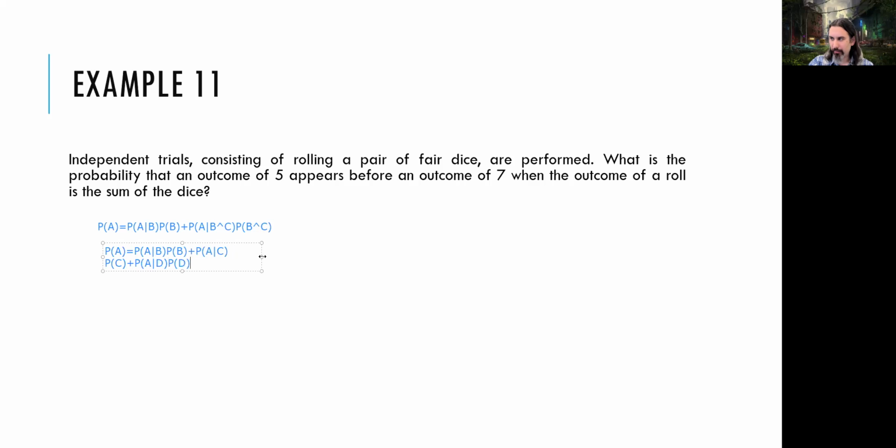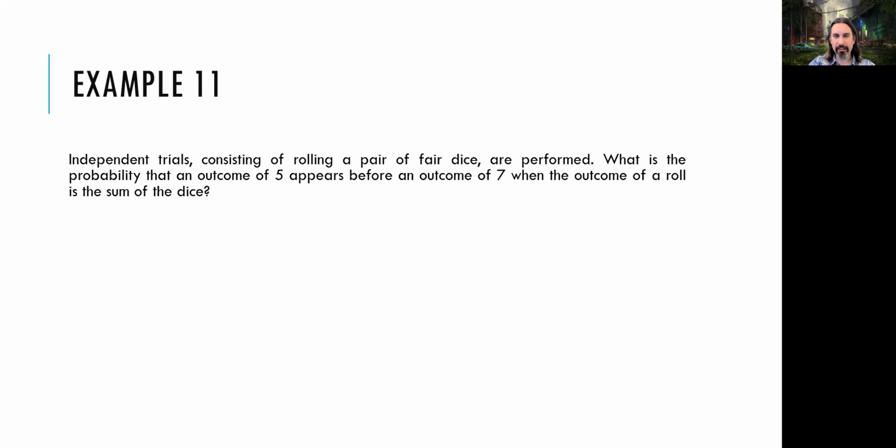As long as we know B, C, and D are mutually exclusive and their union gives us the sample space, we can write it like this as well. Then, as we know these hold all the time, I'm going to condition on the first trial. The first trial can show up 5, the first trial can show up 7, the first trial can be something else.